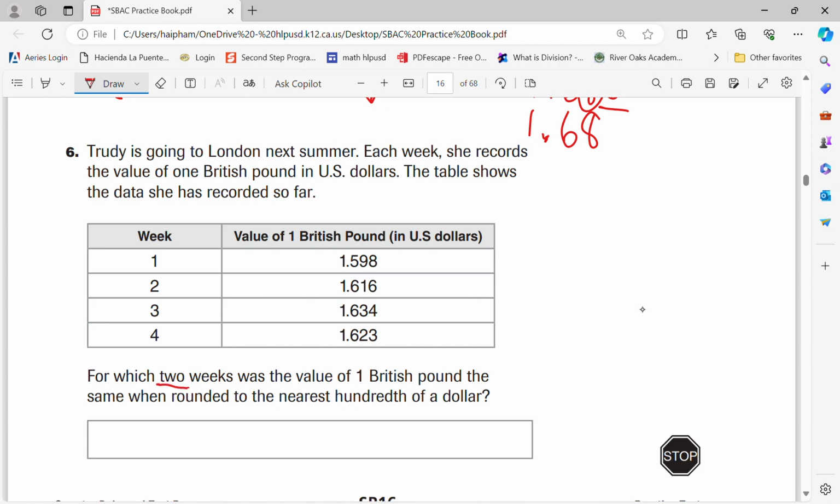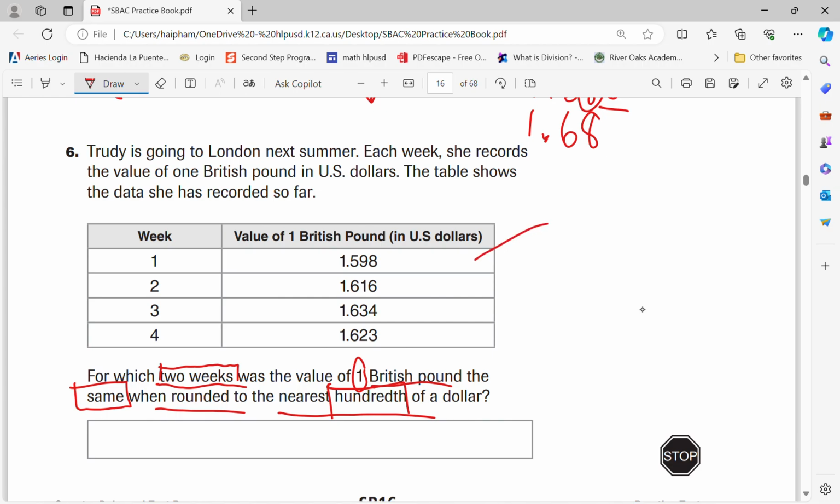For which 2 weeks was the value of 1 British pound the same when rounded to the nearest hundredth of a dollar? Okay, so we want to know, after rounding to the hundredths place, for which 2 weeks do we have the same dollar value?